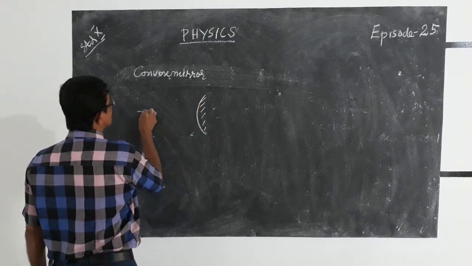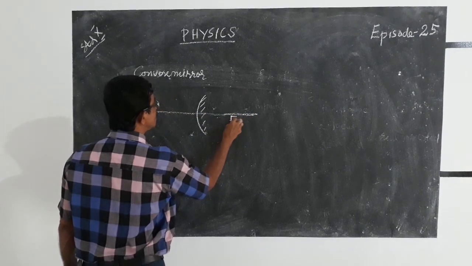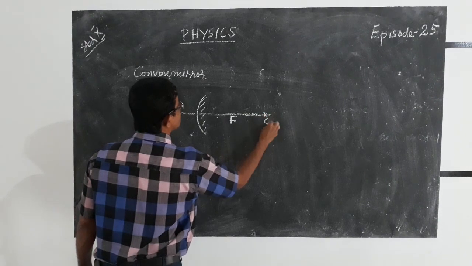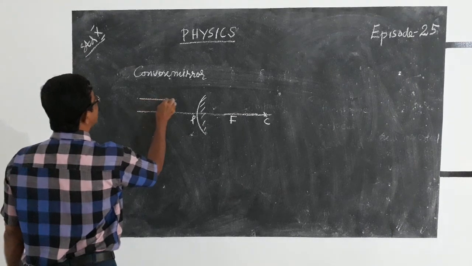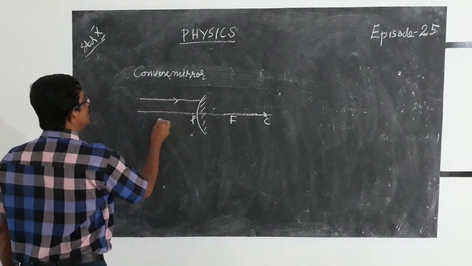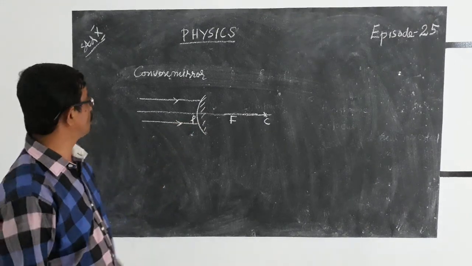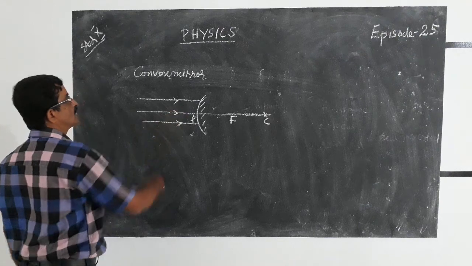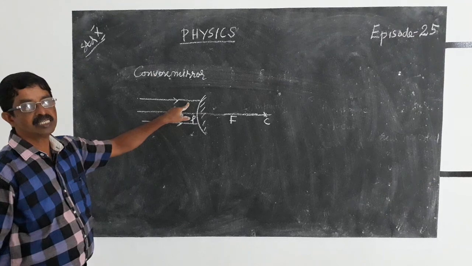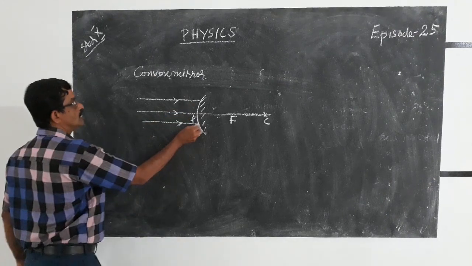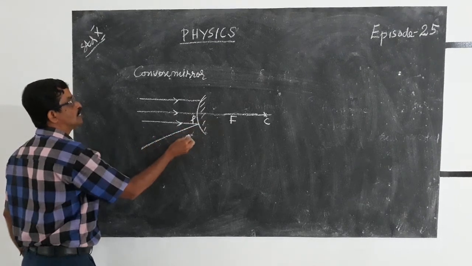See, this is a convex mirror, its focus, center of curvature, and pole. When light comes from infinity, it becomes parallel to the principal axis. When these rays are incident on this mirror, they appear to be meeting or passing through the focus.